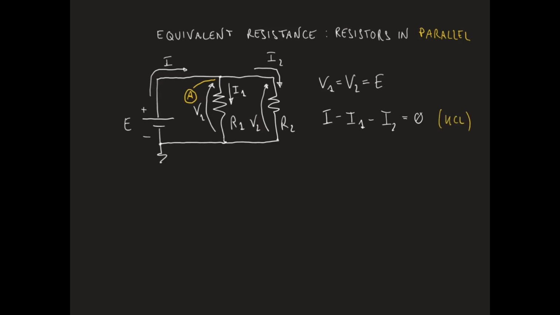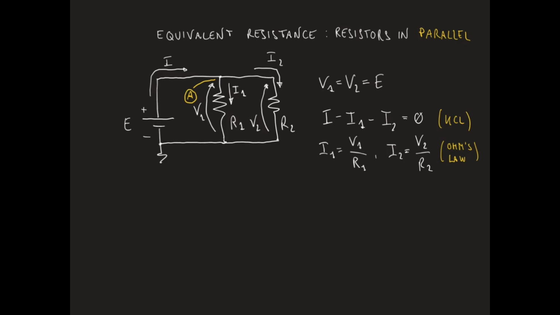On the other hand, Ohm's law tells us that I1 is equal to V1 divided by R1 and I2 is equal to V2 divided by R2.